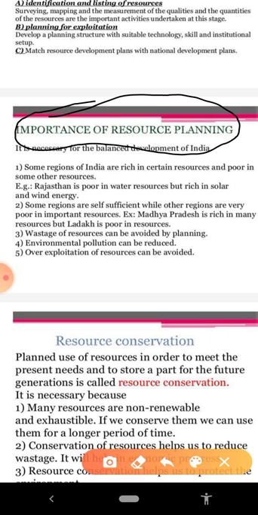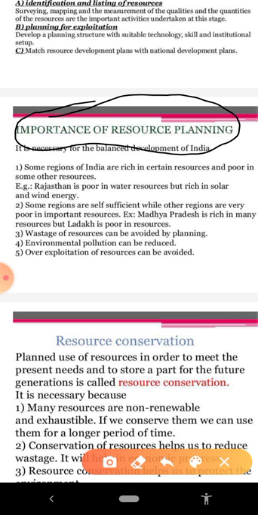If we observe the distribution of the resources, what you will notice is that resources are unequally distributed. There is enormous diversity in the availability of resources.